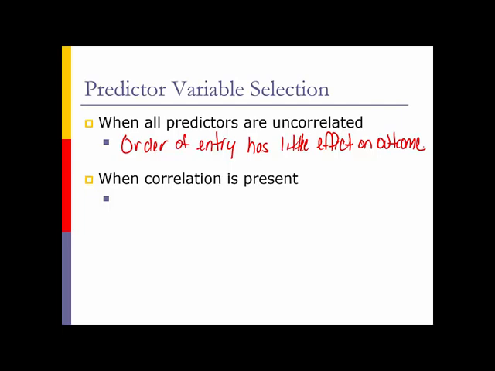Now, if there is correlation present between the predictor variables, everything is very, very critical.